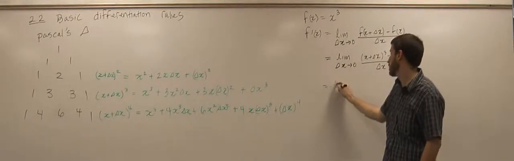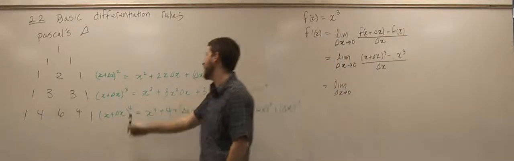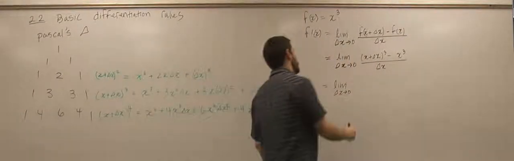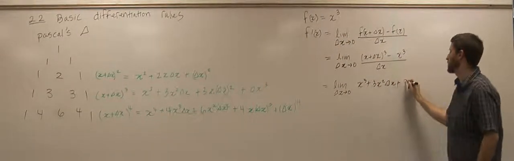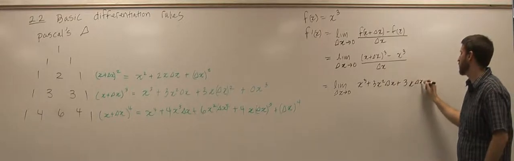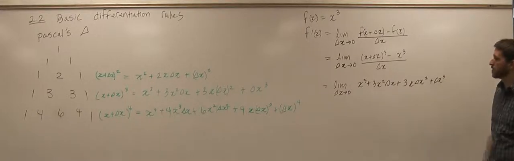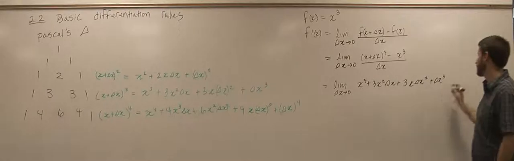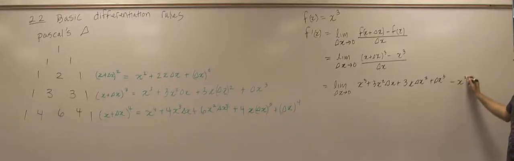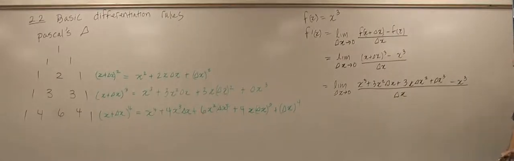This whole mess: x cubed plus 3x squared delta x plus 3x delta x squared plus delta x cubed. So I just copied it from here. Then you minus x cubed all over delta x. And what's my result?